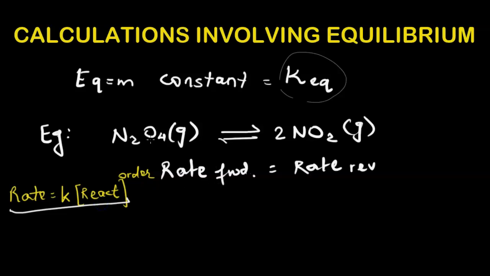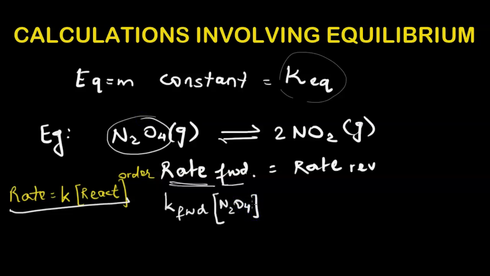So rate forward. For forward reaction, we have N2O4 giving us 2NO2. The rate equation will be lowercase k. We would represent it as k forward because we are writing the rate for forward reaction. In the bracket, the reactant for forward reaction is N2O4. So we would take the concentration of N2O4 raised to the power of the order of N2O4, and we consider that these reactions are single step reactions, so order will be same as the balancing moles.